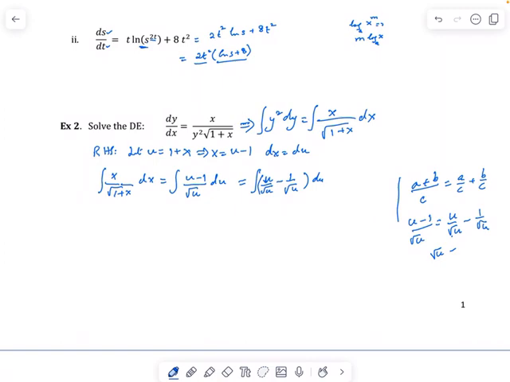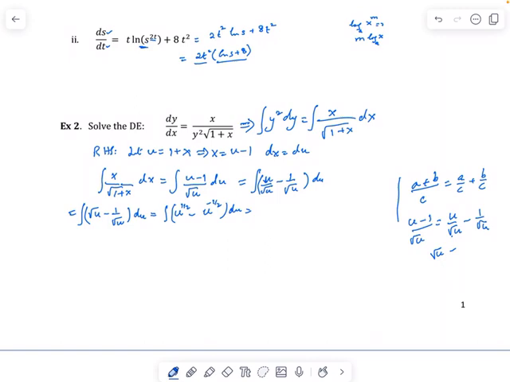What do we do next? I have to simplify the exponents now. So I get the square root of u minus 1 over the square root of u. Now we have to write the square roots as powers, as fractions. The first term is u to the 1/2 minus the second, u to the negative 1/2, du. Now integrate.